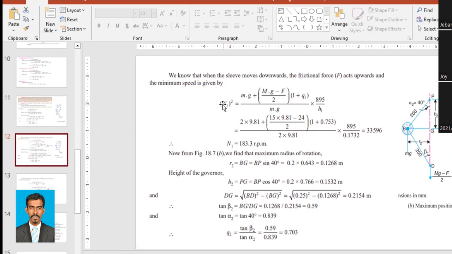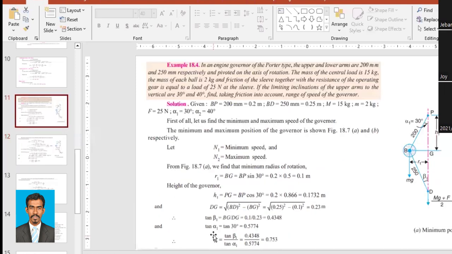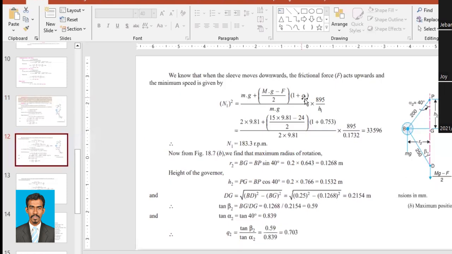The minimum speed is given by N1 squared is equal to mg plus capital Mg by 2 minus F. Why? Mg is acting downwards, but the force is trying to act upwards, therefore minus F, into 1 plus Q1. Now we have found Q as 0.753, so 1 plus 0.753, upon mg.